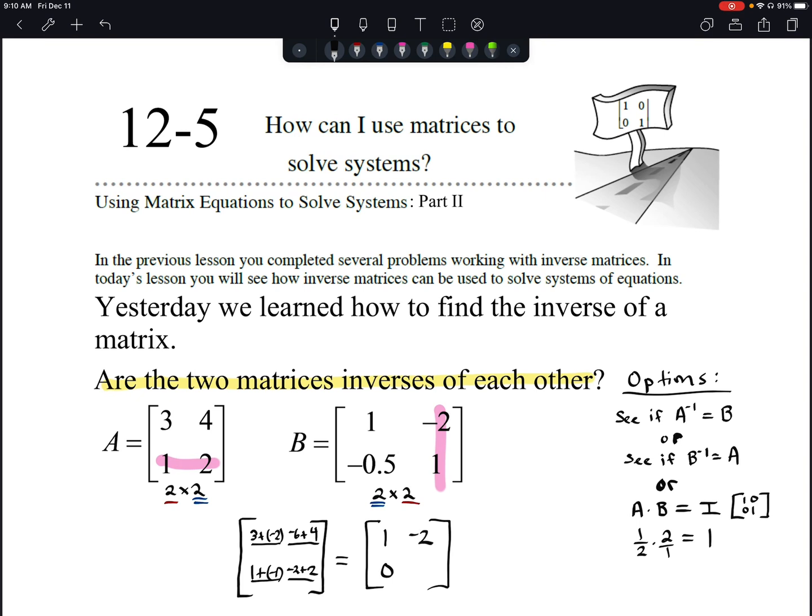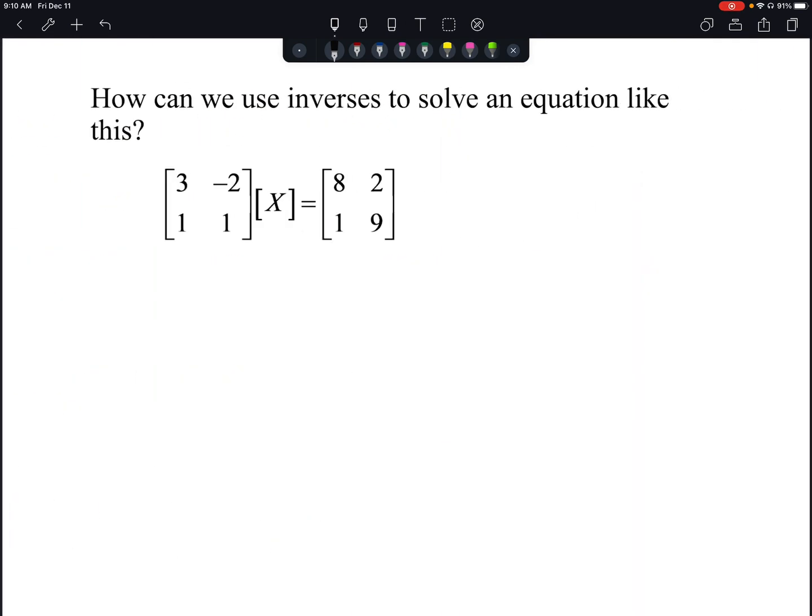And -2 plus 2 is 0. As you can tell, since this is not the identity matrix, it doesn't match what we have over here. Therefore, A and B are not inverses. If we would have gotten the identity matrix out of it, then we would have said, yes, they are inverses.